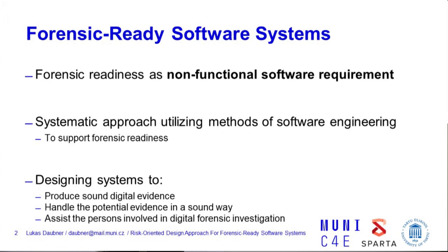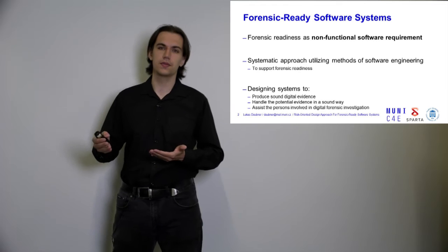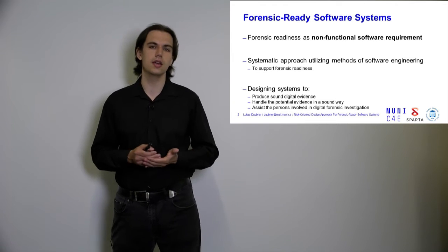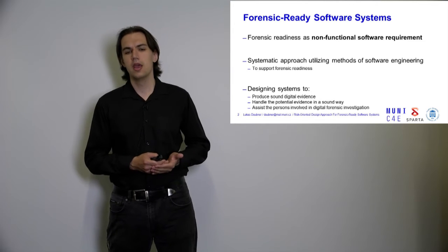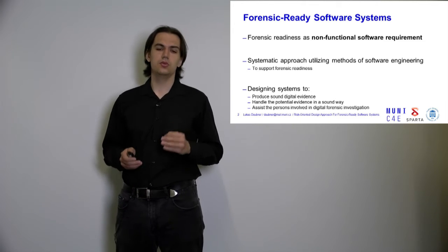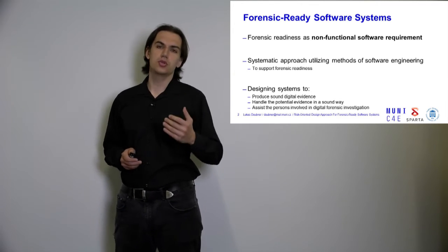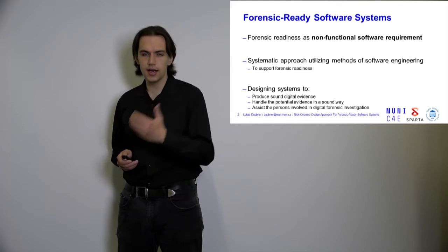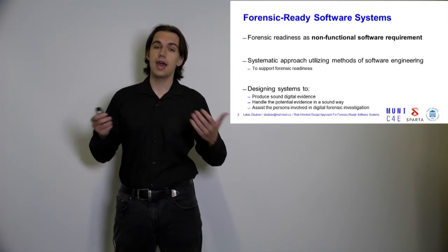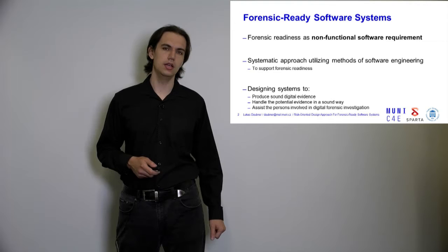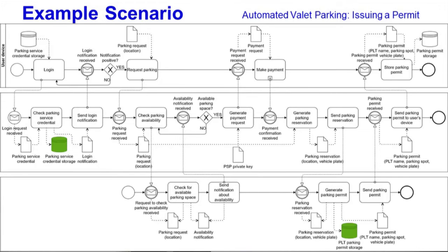So we take forensic readiness as a non-functional software requirement, and therefore we complement the existing state of the art in forensic readiness. The aim is to design a system to produce sound evidence, handle it in a sound way, and assist during the investigation.